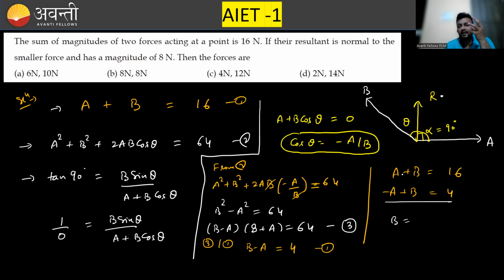Whenever there are two equations B plus A and B minus A, the term which is positive all the time will be the addition of these two, 20 by 2, that is 10 Newton. And A, one time it is in addition, one time in subtraction, so it will be 16 minus 4, that is 12 by 2, that is 6 Newton. So the answer is 6 Newton and 10 Newton, which is option number A.